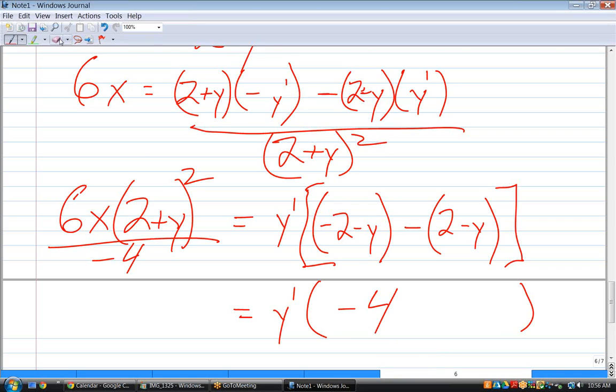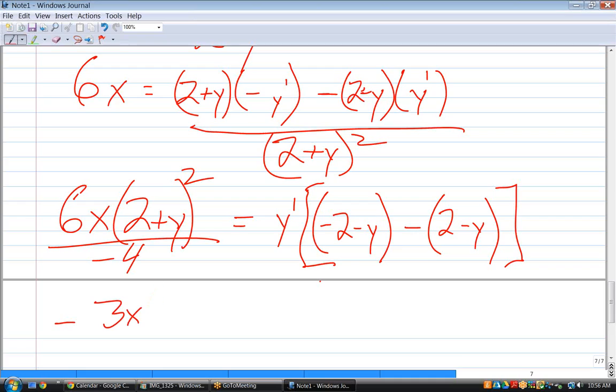I have my answer. Almost, not simplified. I can put the negative sign out in front: 3x times 2 plus y squared, I'm still going to leave it like that, all over 2. In other words, I just divided top and bottom by 2 and put the negative sign out front. And that's equal to y prime.